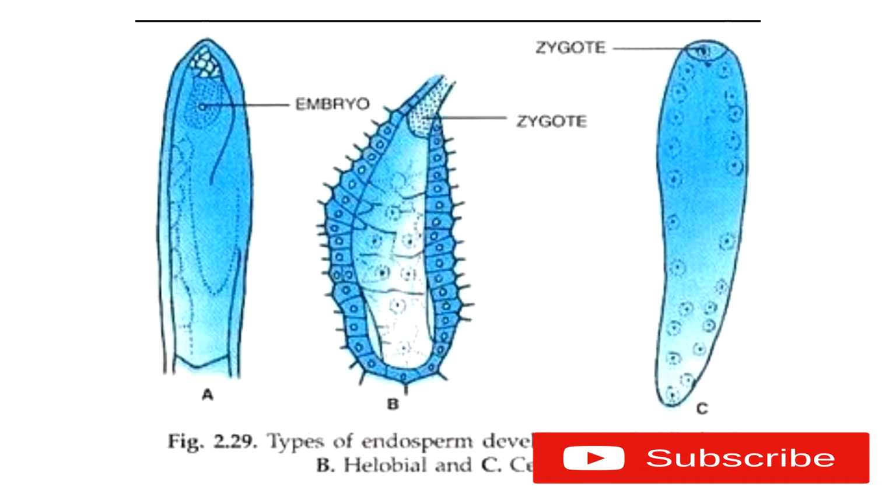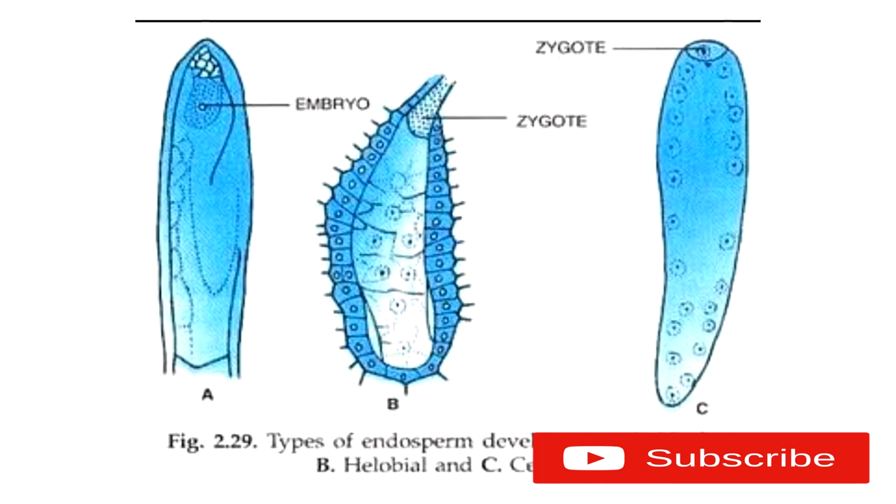And the helobial type is an intermediate stage between the nuclear and the cellular stage. In this case, the first division is followed by cell wall formation, after which free nuclear division occurs, as a result of which a chalazial chamber and a micropylar chamber are formed.